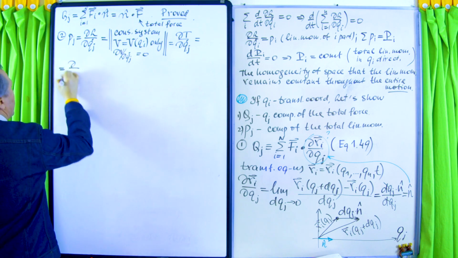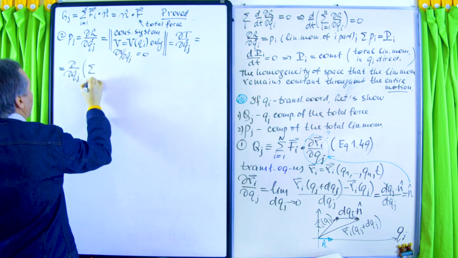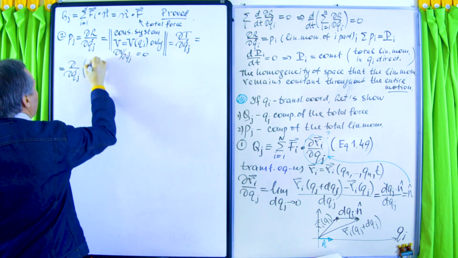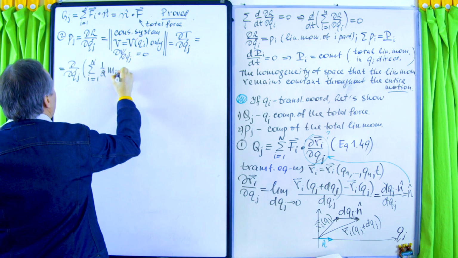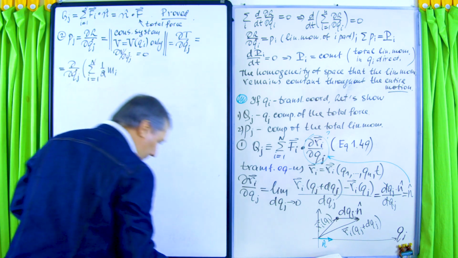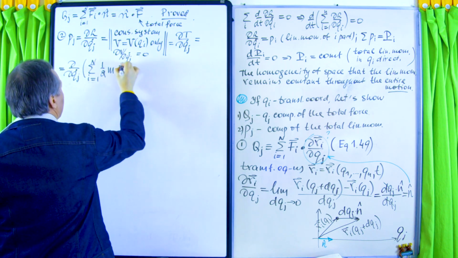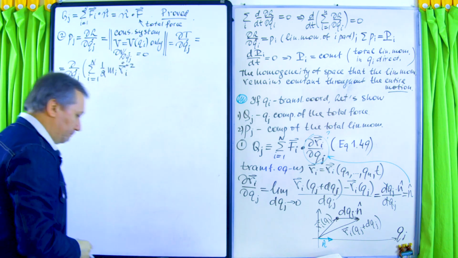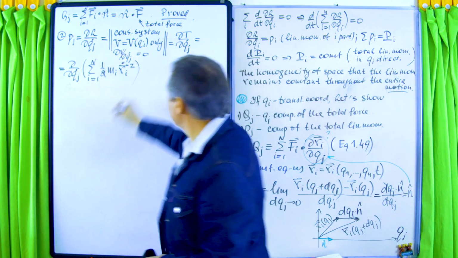It will be the partial derivative with respect to Qj dot of the summation over the whole system of one half mi ri dot squared. Oh, conservation of brackets.